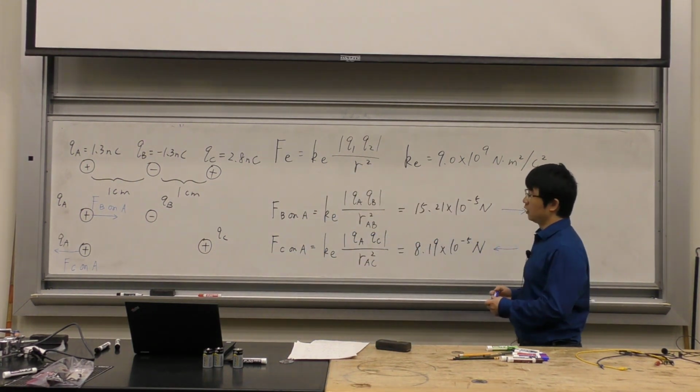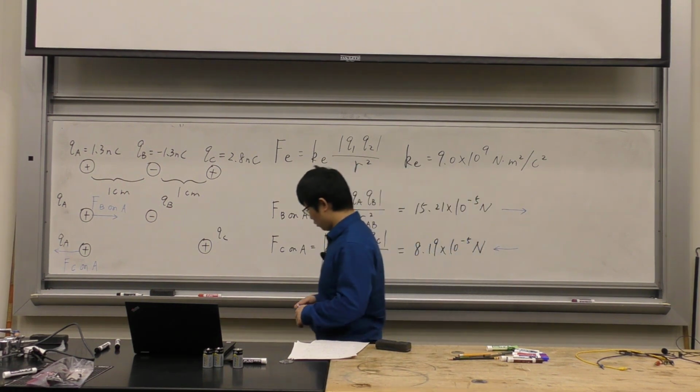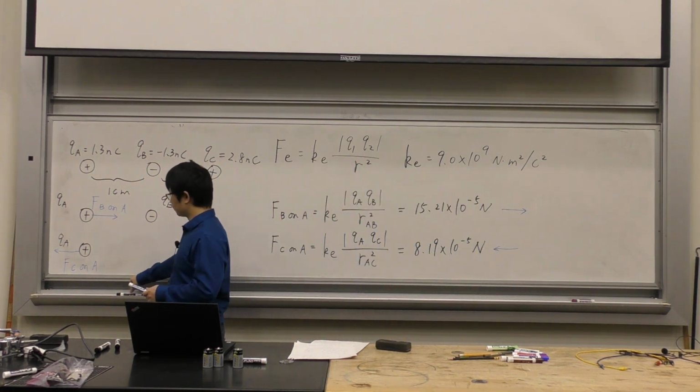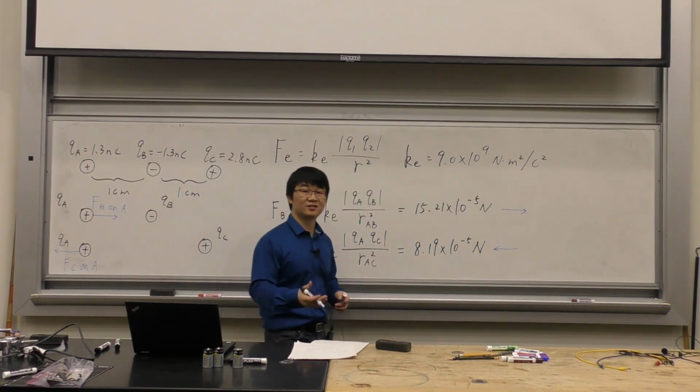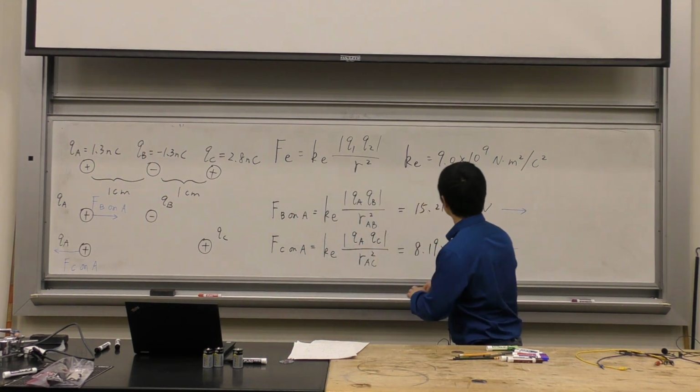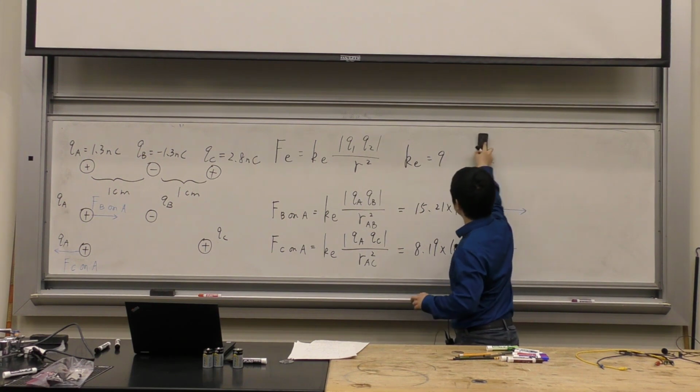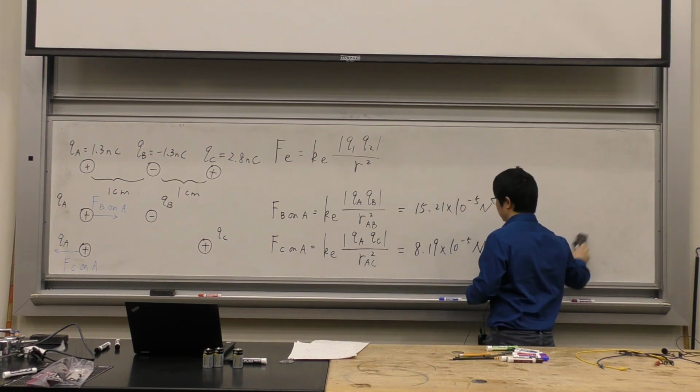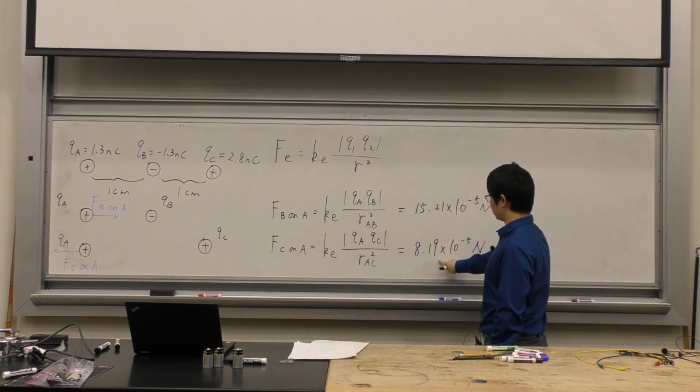You see that A feels two forces, one to the left, one to the right. Of course, the net force is going to be the difference between these two forces, right? So you're going to subtract them, and you're just going to do the larger one minus the smaller one. This one's larger, this one's smaller.